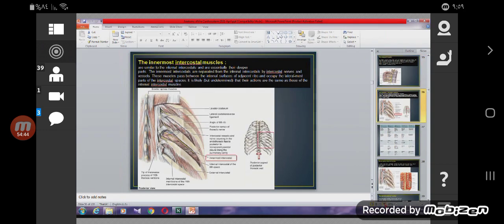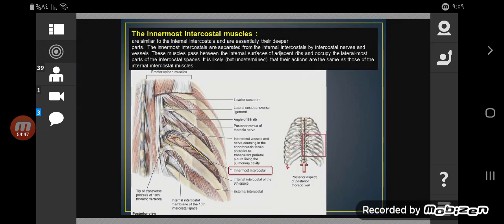Okay. I think that the levator costarum. I'm just telling you about the levator costarum, and after that I finish this session. The levator costarum muscle consists of two muscles.